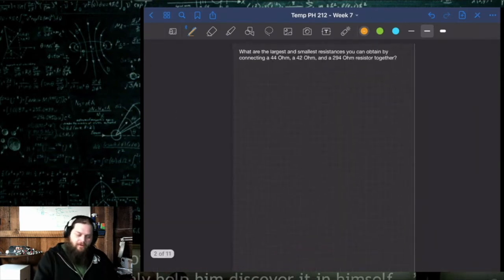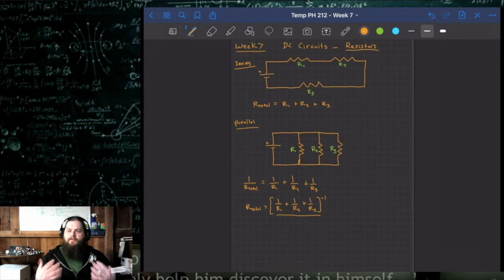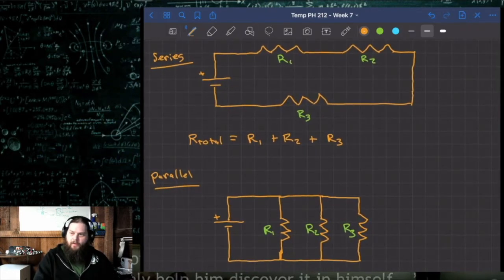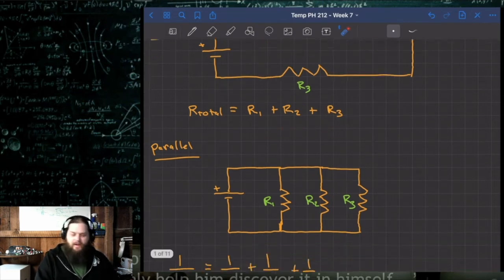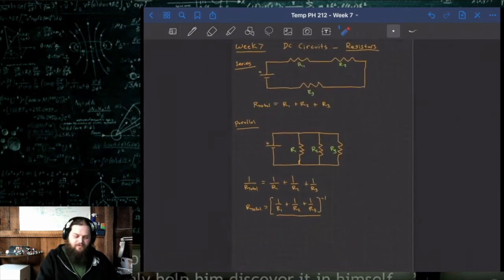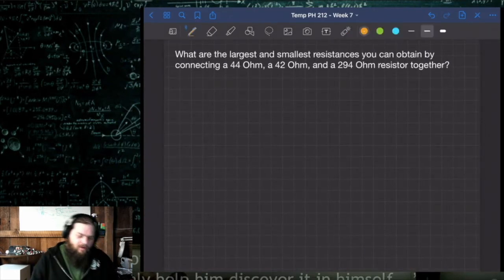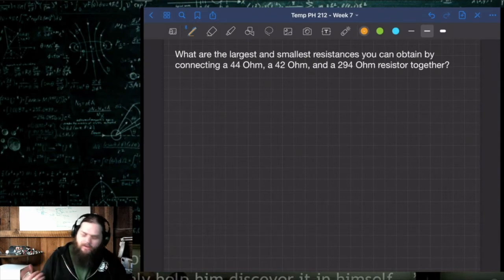Based off of these rules for series and parallel, the maximum resistance is going to be when we add these resistances together, because that's going to be the largest number we get. In parallel, the total resistance should be smaller than the individual resistances, and we'll see that in a second. So the largest resistance we can have is to add all of those together.